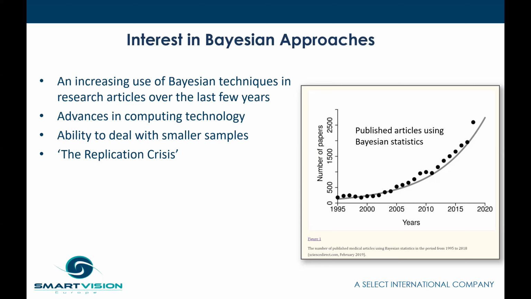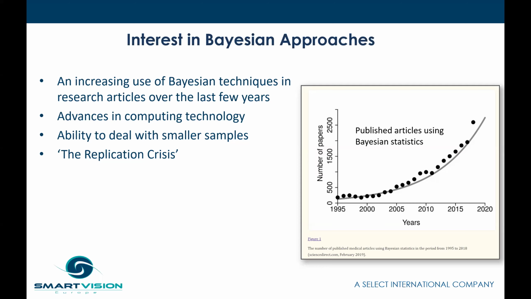A fourth element is what's called the replication crisis. That's a term that's been used in recent decades, very much within the social sciences, especially psychology, to denote the fact that a lot of classical social science and psychological experiments cannot be reproduced. When you rerun the experiment, you find that you're not getting the same p-values out of it.